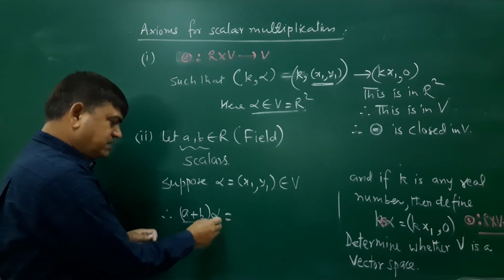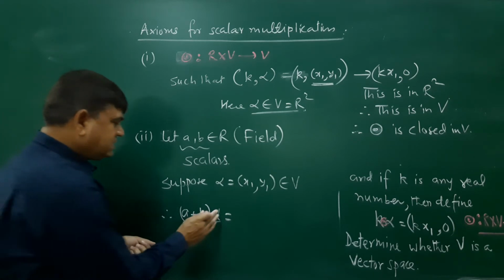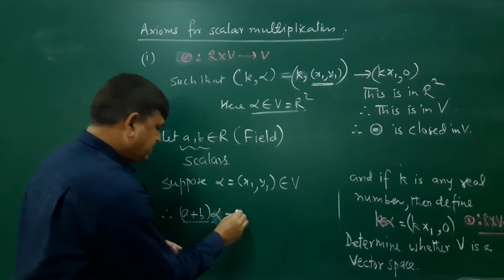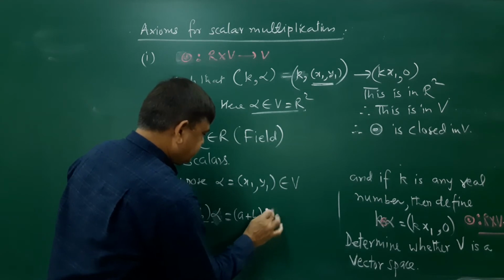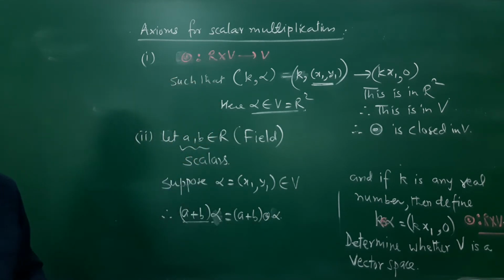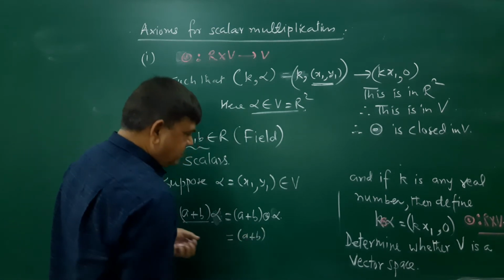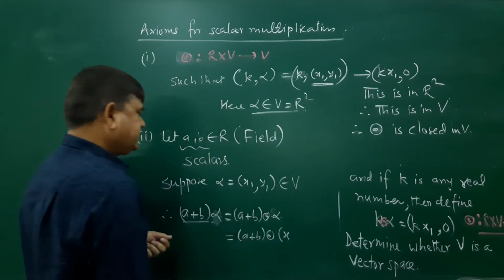Scalar times vectors, so this is scalar multiplication. That means the symbol is A plus B, alpha means x on y.